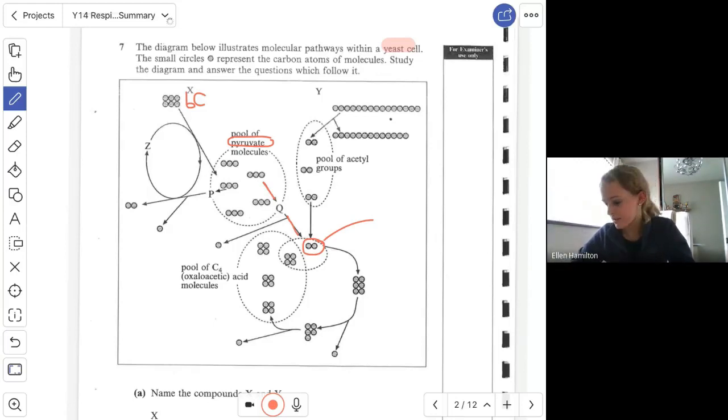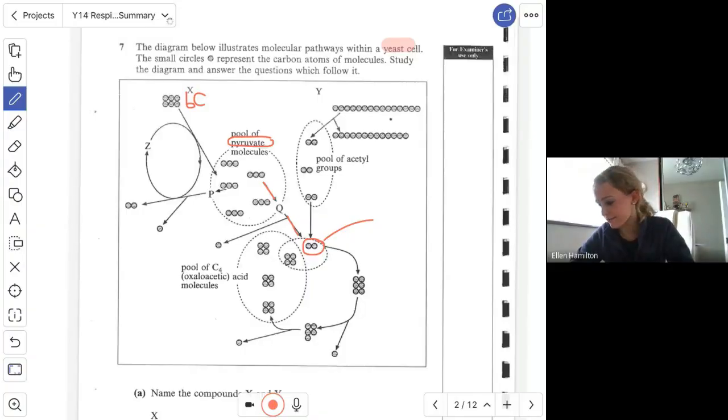If you have a look back and see what happens to pyruvate normally, it loses a carbon. And what does it become? A 2-carbon molecule. Called... Acetyl-CoA. Yep.